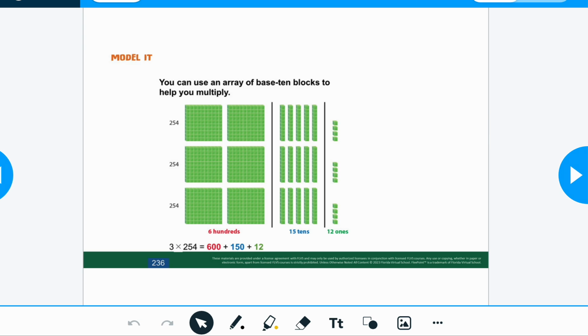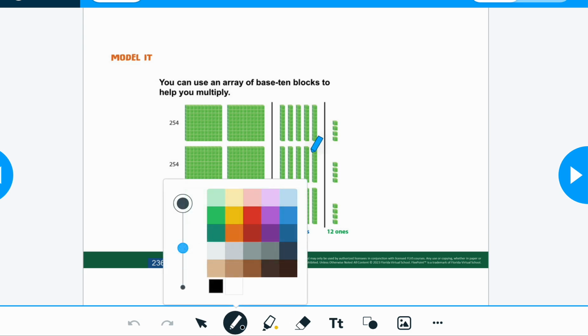Well, today we're also going to talk about how we can use an array of base 10 blocks to help us multiply. So right here, this is also showing 3 groups of 254. Here's 254 using base 10 blocks.